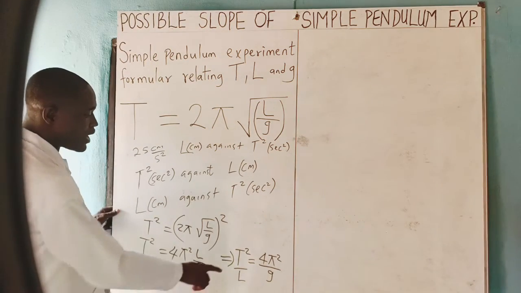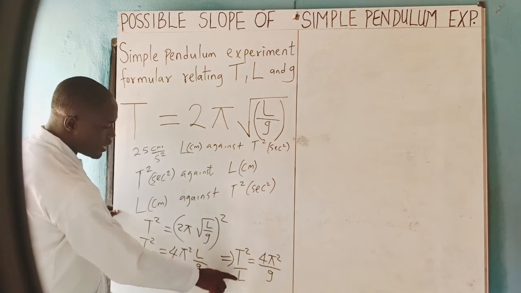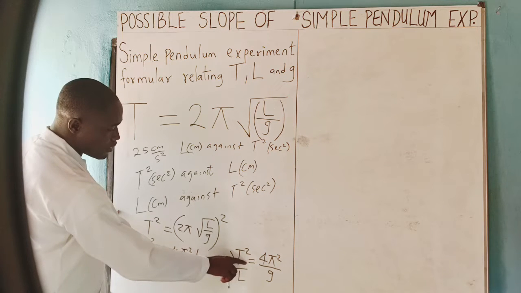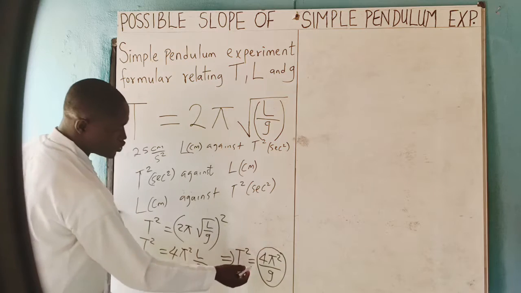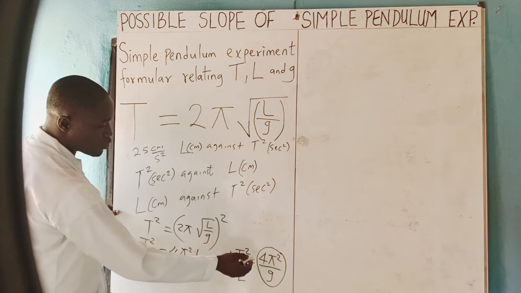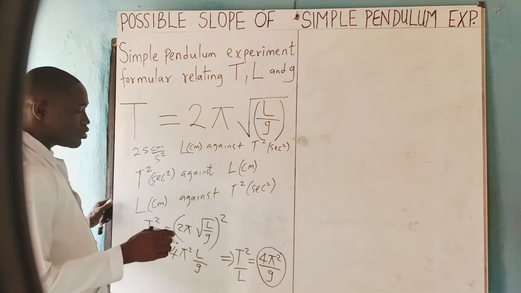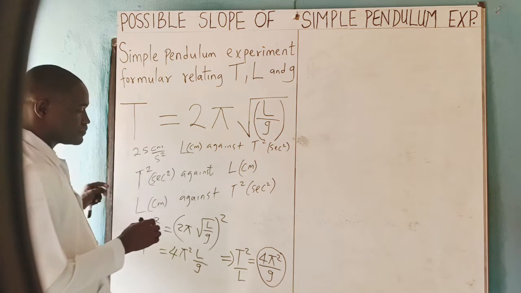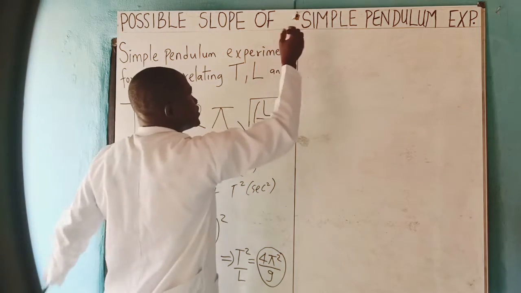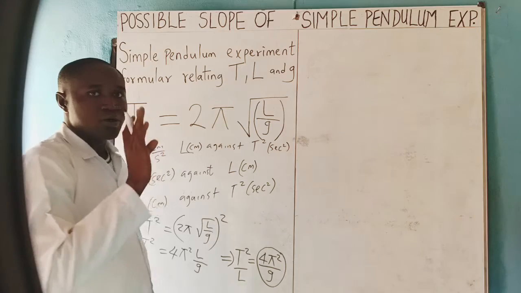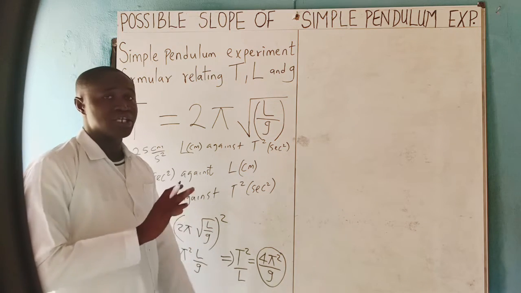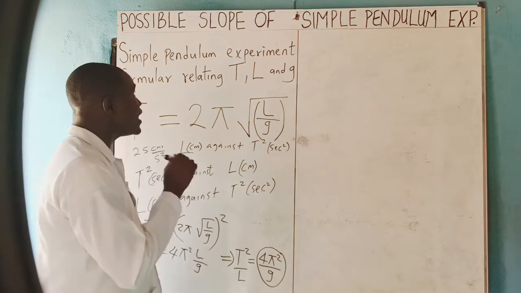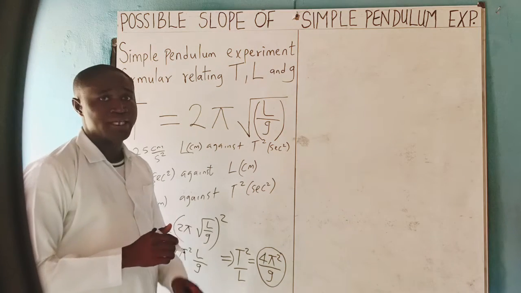That means if you are asked to plot the graph of T squared against L, the slope will be equivalent to 4 pi squared over G, okay? And so what you do now is recall that G is constant. I mean, G, which is acceleration due to gravity, is constant. And that is the main aim of performing the simple pendulum experiment.